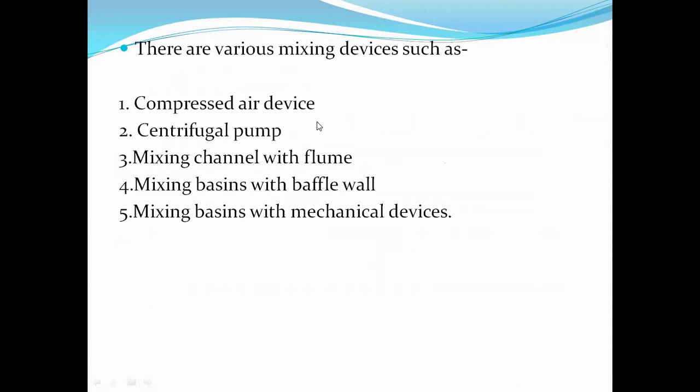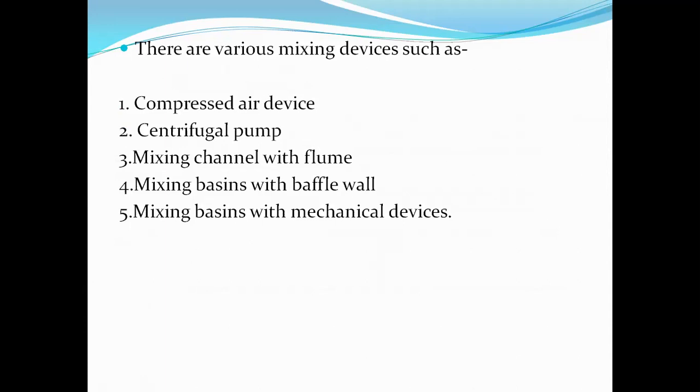Air compression is used to mix the coagulant into the water. Then second is centrifugal pumps, which are also used for mixing coagulant into the water. Then the mixing channel with flume is used to mix the coagulant into the water.